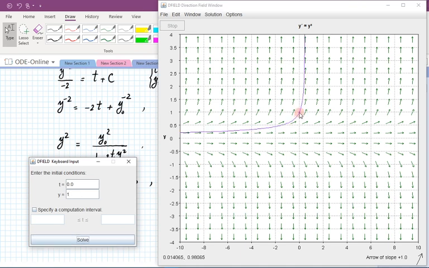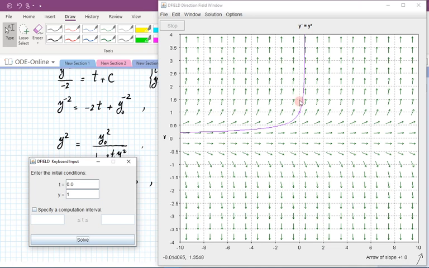So this one is picked at 0 and 1, and we see that the solution looks like it's extending all the way from the left, meaning minus infinity, and then at some point it explodes. At what point is it exploding? So if this is 2, this is 1, and this is going to be, well, eyeballing it, 1/2.